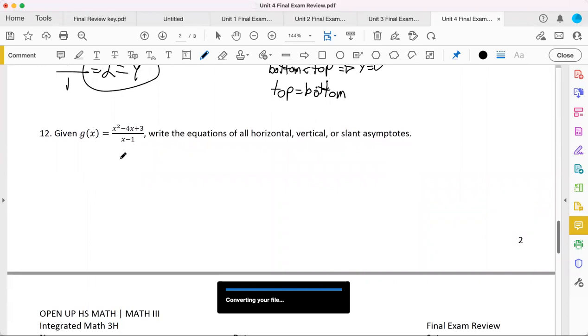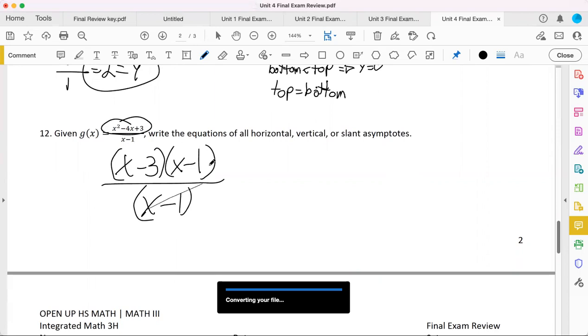What can we do here? Okay, so this can definitely be factored further. X minus 3, X minus 1. You can cancel X minus 1. So that means that at the least, you'll have a hole at X equals 1. I wouldn't really call it an asymptote.